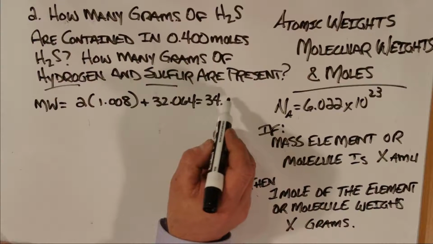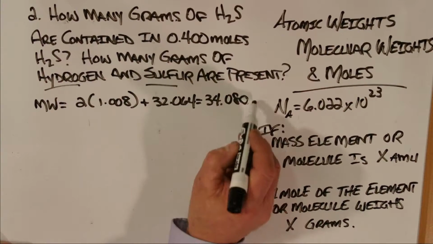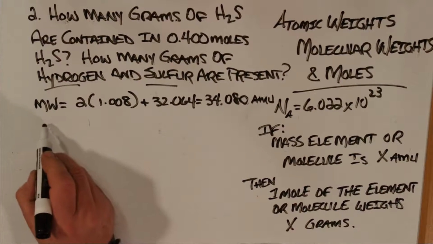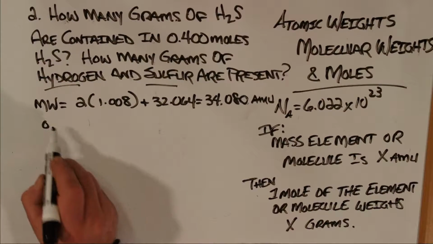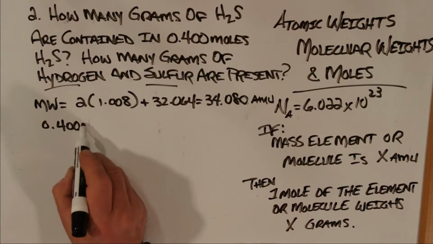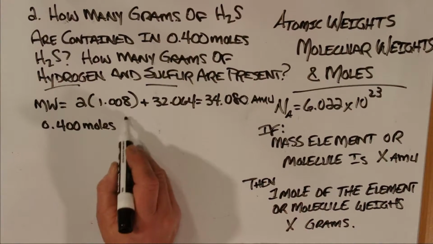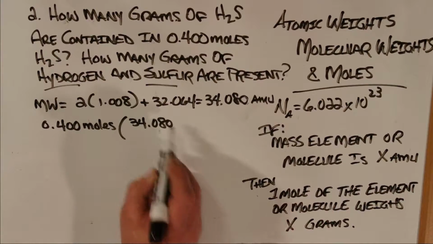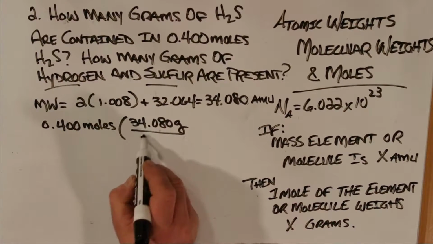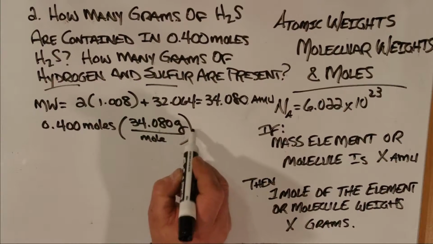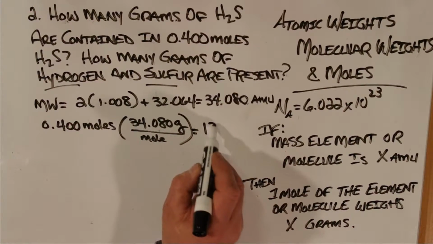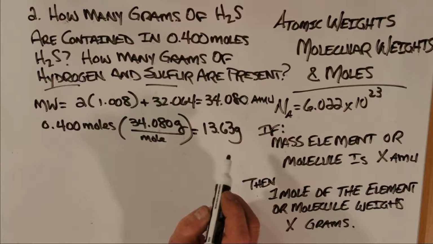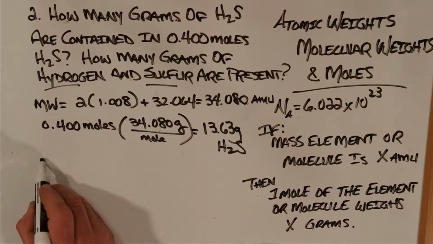Using numbers from the periodic table, we come up with a molecular weight for H2S of 34.080 AMU, which means 1 mole of H2S weighs 34.080 grams. We multiply that by the 0.4 moles that were given. Using 34.080 grams per mole, the moles of H2S cancel out, numerator and denominator, and we're left with 13.63 grams of H2S.